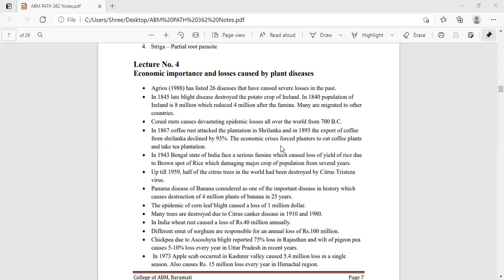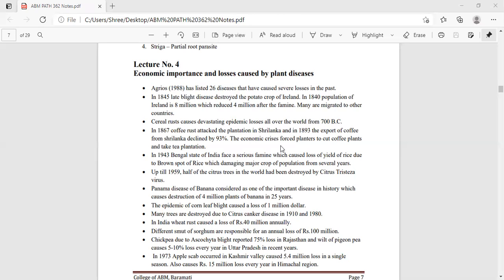That is why the economy of the whole country collapsed due to coffee rust, and the planters were forced to cut off the coffee plants and take up tea plantation. That is another example of economic losses due to plant diseases.